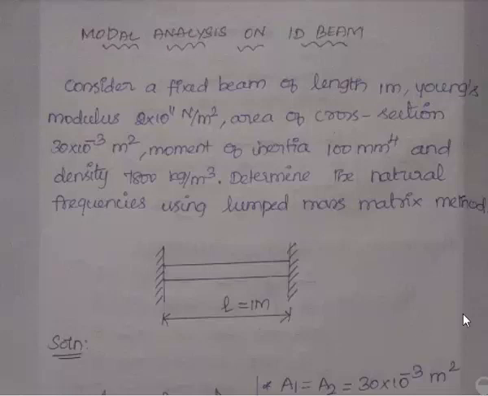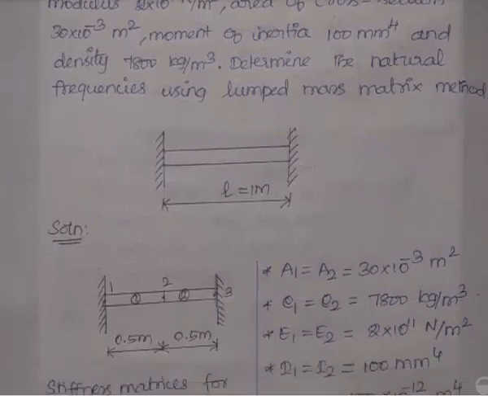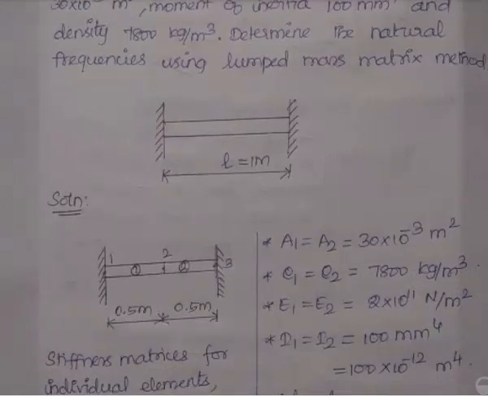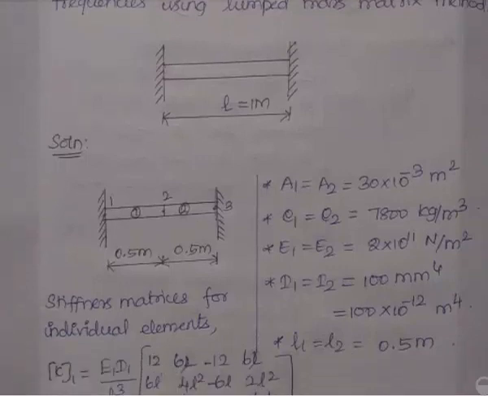A fixed beam of length 1 meter is given in the problem. First of all, we have to discretize the given beam into two elements for following the finite element approach. The area of cross section of both elements is the same, 30 × 10^-3 meter square.